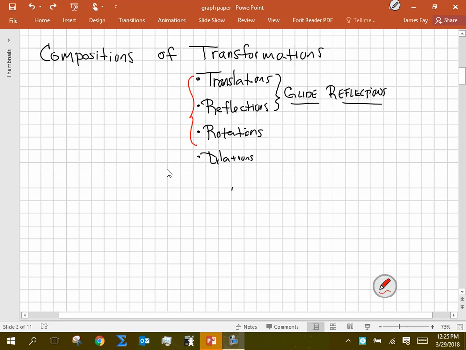A dilation is not, but you can still put in a dilation if you want to. So even though you may predominantly see those three, you can do it with all four.